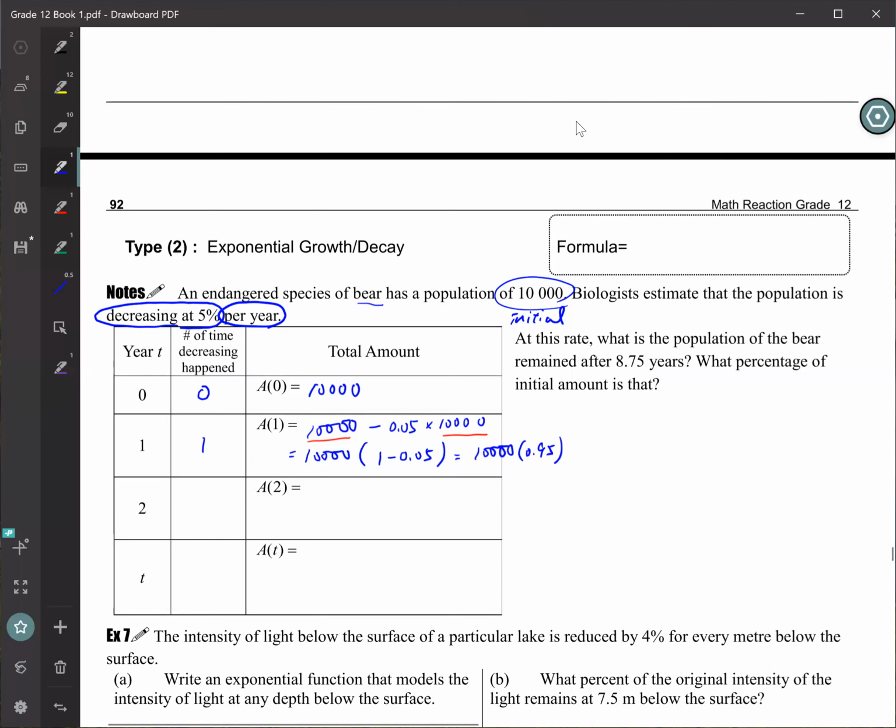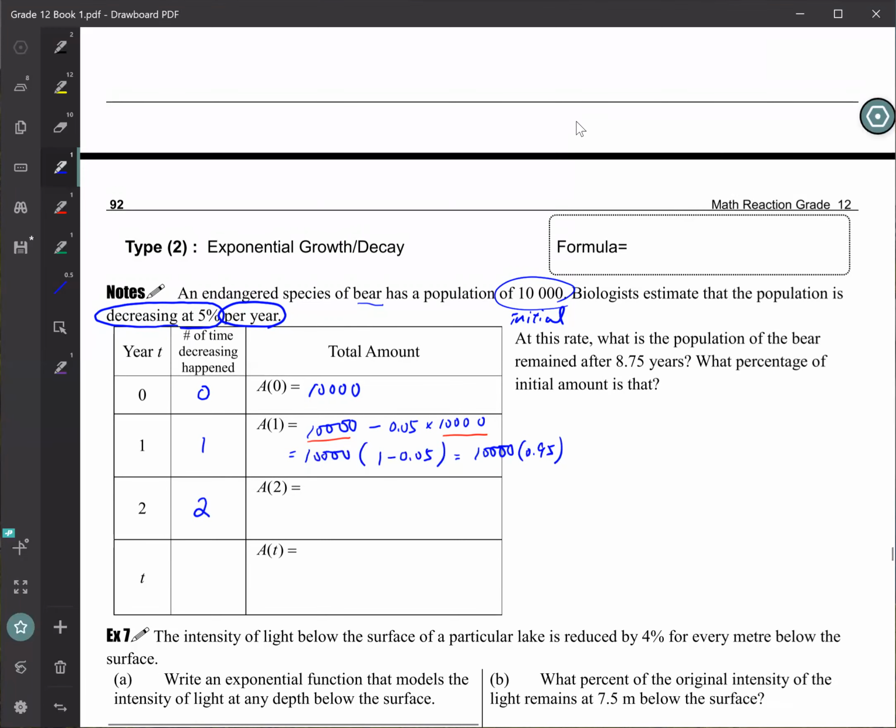Okay, and then just like compound interest, the number of bears will continue to decrease for the next year, but it will decrease from the amount after 1 year. So you don't decrease from 10,000 anymore. So 2 years later, it will be decreasing 2 times.